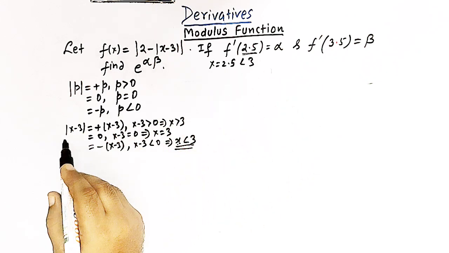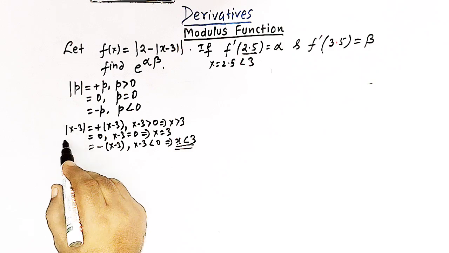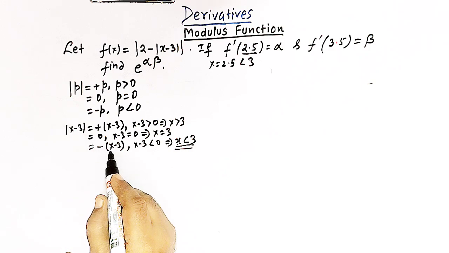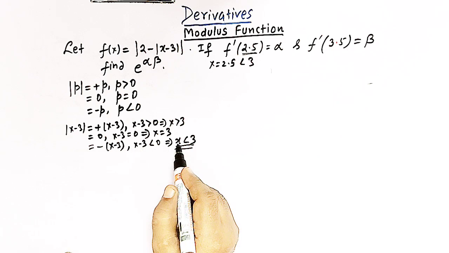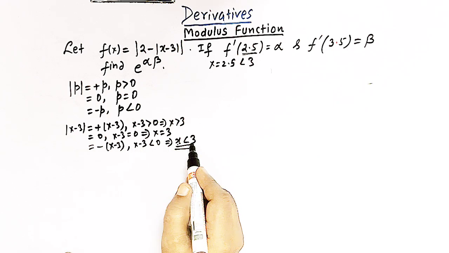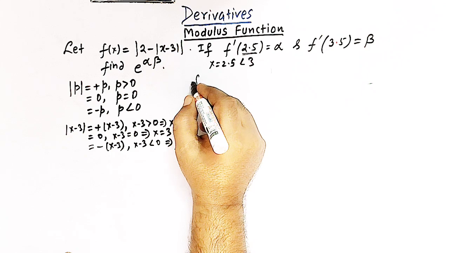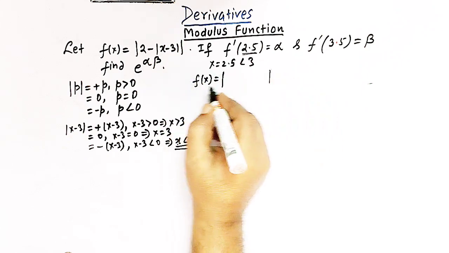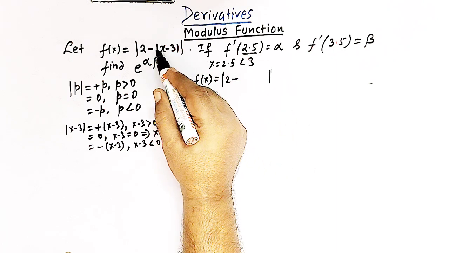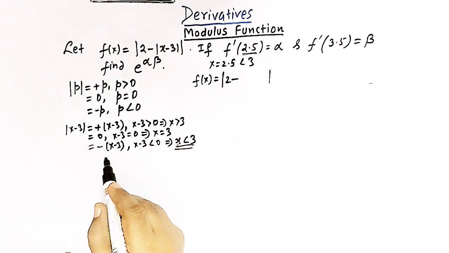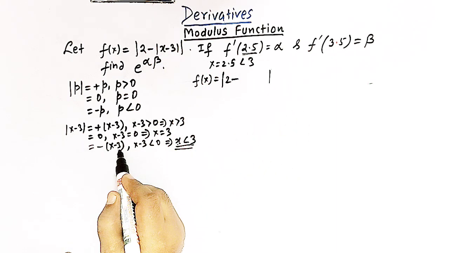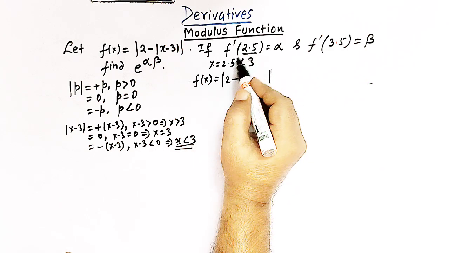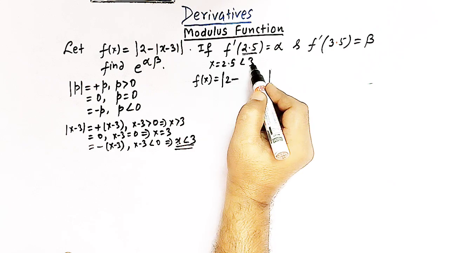So in this case, the definition of mod of x minus 3 should be given by a negative of x minus 3 for all x less than 3, right? So now we can write f of x is equal to mod, and here we have 2 minus, and mod of x minus 3 should be replaced by negative of x minus 3, because x is less than 3 and here x is 2.5, which is less than 3.